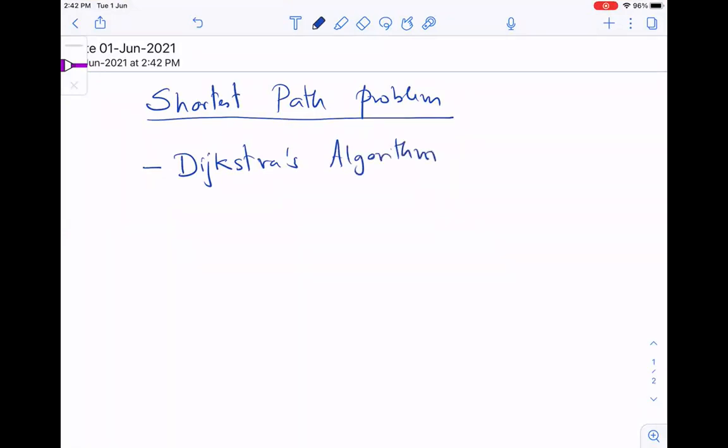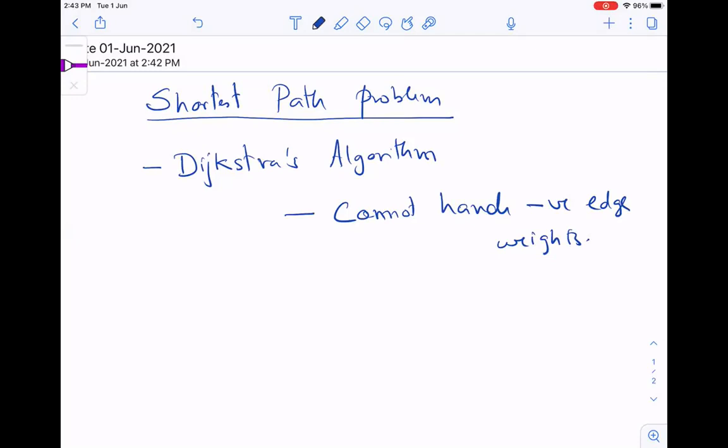But one particular problem with it is that although it's a very nice and beautiful algorithm, it cannot handle negative edge weights. So the next question is: how can I design an algorithm that can handle negative edge weights?